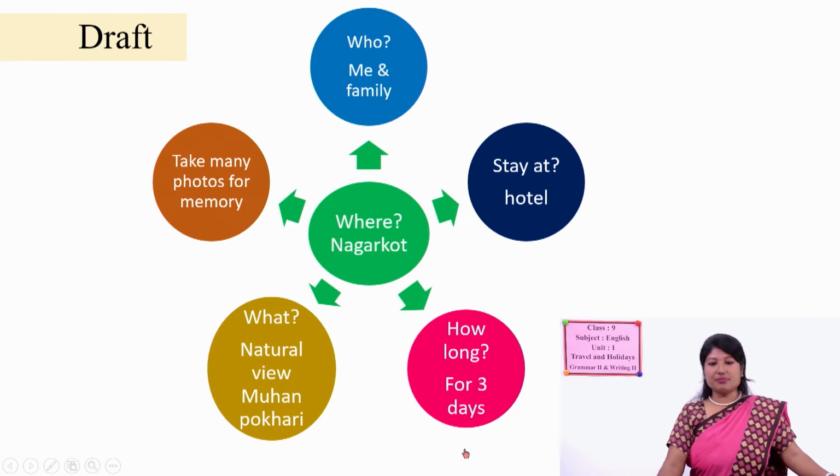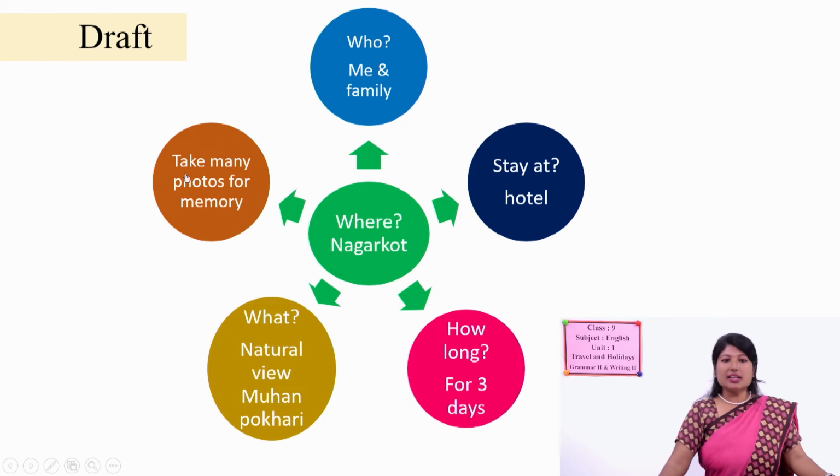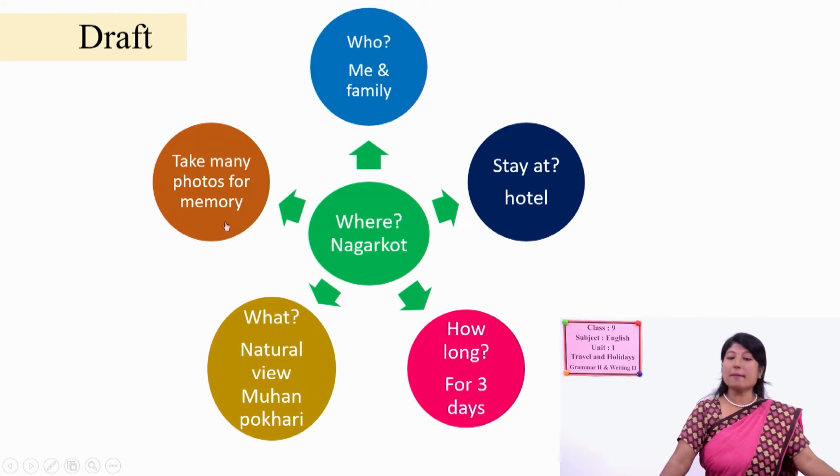How long? For 3 days. And what are you going to do there? Observing natural view, Muhan Pokhari. And then what are you going to do? Take many photos for memory. On the basis of this spider diagram draft, now we have to write the letter.